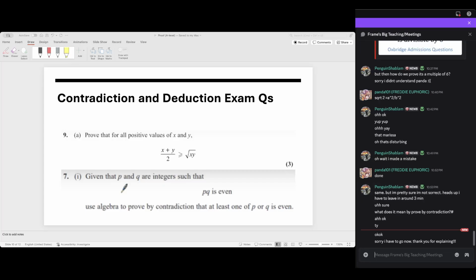No problem. Do you have any answers for this? People have to go. What, for the first one or both? Both. When you did the first one, what was the answer? Xy is greater than or equal to x squared plus y squared over 2.